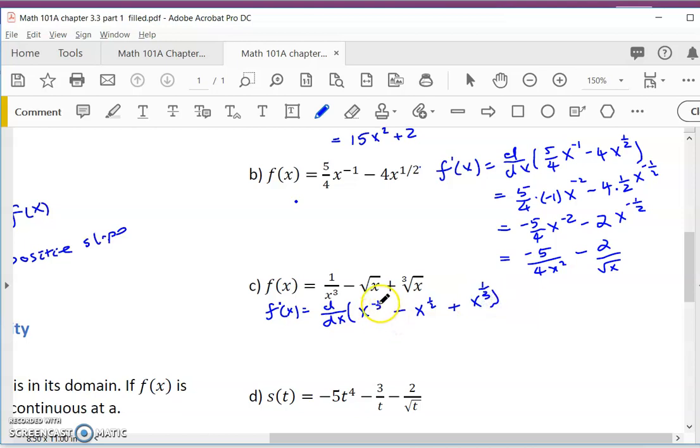So write it so that they're all in that form. So we're not doing the derivative. The differentiation rule is still waiting outside. This is a rewriting.